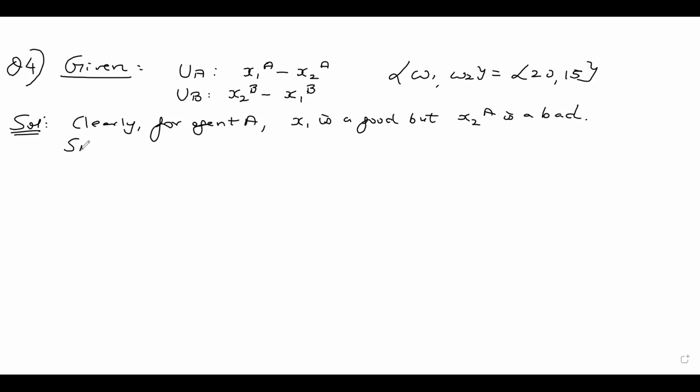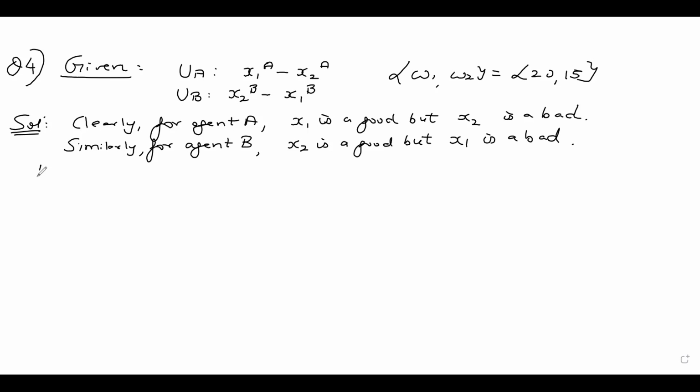And similarly for agent B, you can see that x2 is a good, but x1 is a bad. Okay. Another thing which all students can observe is if you look at the MRS of both the indifference curves, it's exactly equal to +1.